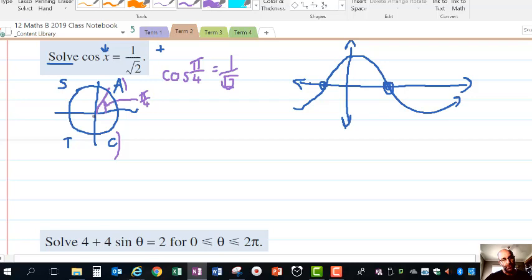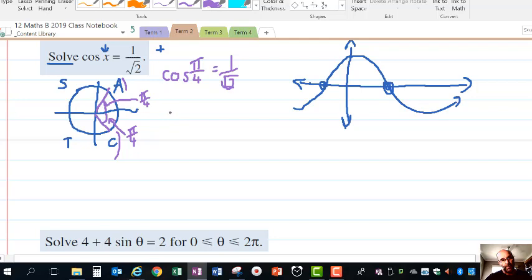But it is also true that we have in the fourth quadrant the acute angle pi on 4 works there. Now the acute angle is pi on 4.